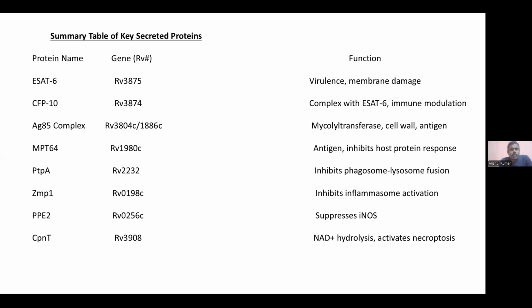Then CFP10, RV3874, complexes with ESAT6 for immune modulation. Antigen 85 complex is responsible for mycolyl transferase, cell wall, and antigen. MPT64 antigen inhibits host protein response. PtpA inhibits phagosome-lysosome fusion. Zmp1 inhibits inflammasome activation. PPE2 suppresses iNOS. CpnT, NAD plus hydrolysis, activates necroptosis.